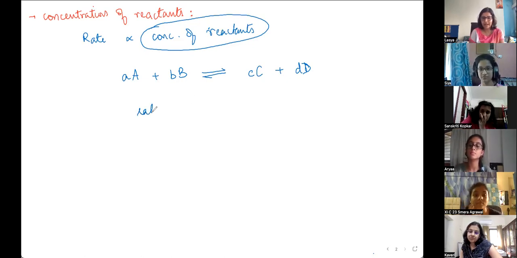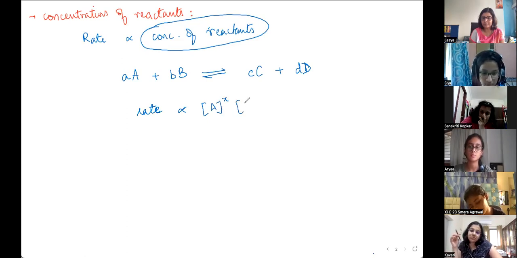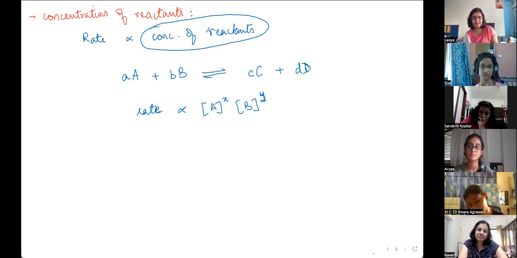So the rate of a reaction is directly proportional to the concentration of reactants. We call it [A] raised to the power x and [B] raised to the power y. Sometimes if you double a reactant, the rate of the reaction may get squared, it may become cubed. That's what x and y represent. It's not always a linear relationship.